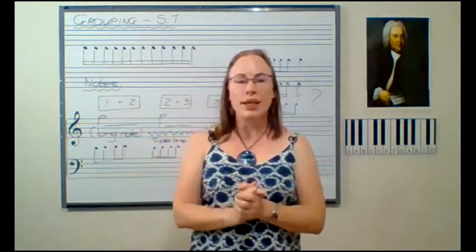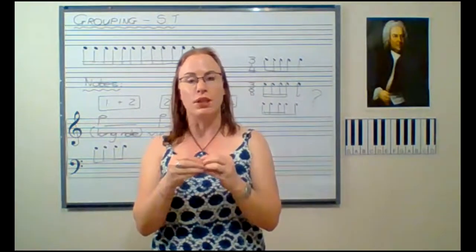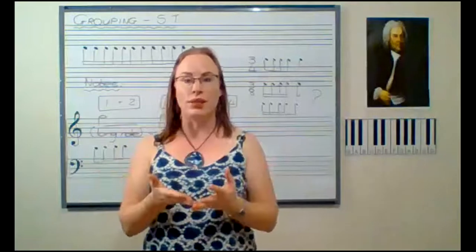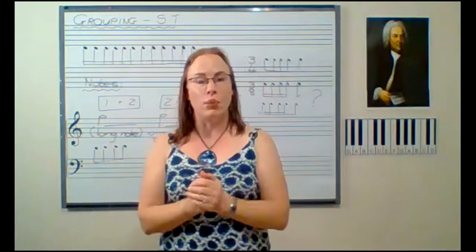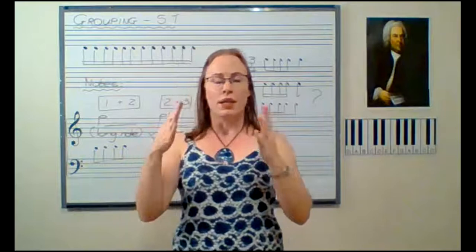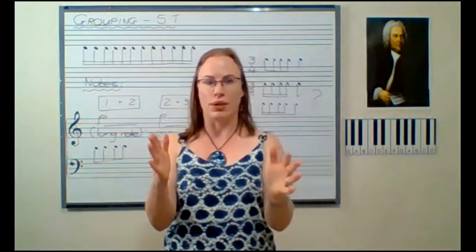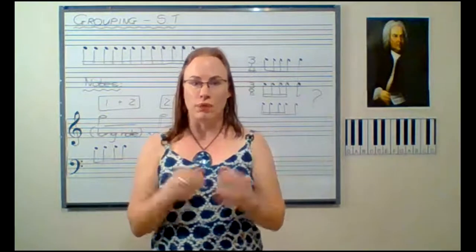But what I intend to do in this video clip is to provide you with a blueprint that you can apply to all your various time signatures. And the first thing that I want to say is, just remember, if you take 3/4 versus 3/8, the only difference there is the value of the beat.